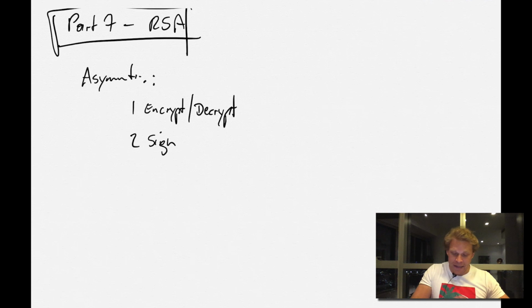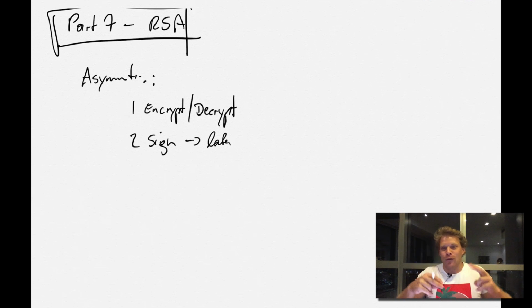Now, the signing is something that we're going to be discussing in one of the later episodes, so we're not going to be discussing it today, but I can tell you already, if you want to do some extra credit work, then all you have to do is you just inverse the encryption and decryption process. So you just basically decrypt with your key and it would work straight away, and then the other party can basically encrypt or prove that you actually signed it. So it's very, very straightforward.